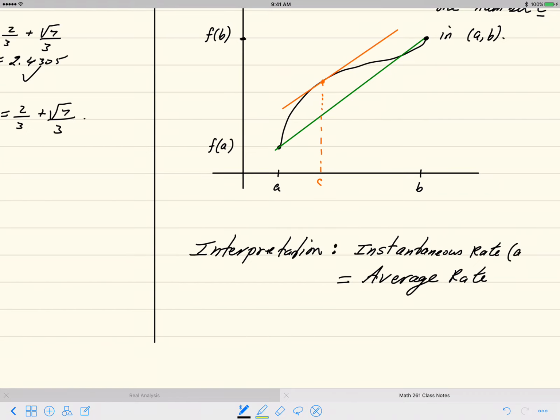So instantaneous rate at some moment in time is equal to the average rate of change. So let's take a look at what this means in terms of velocity.